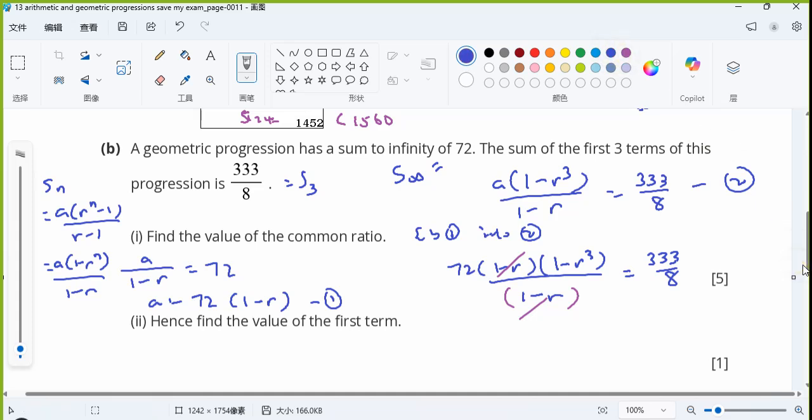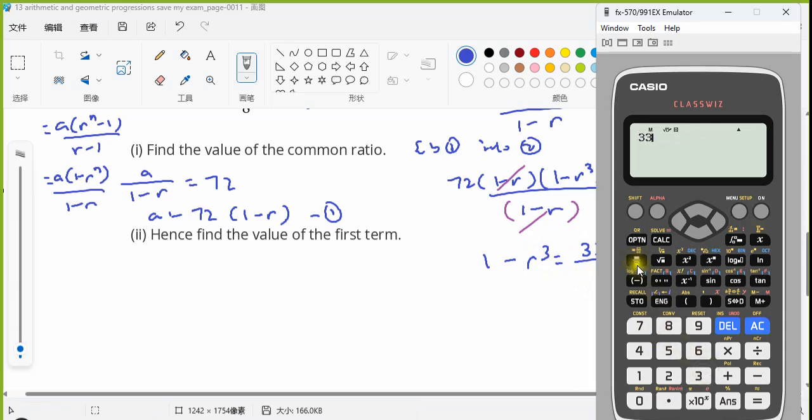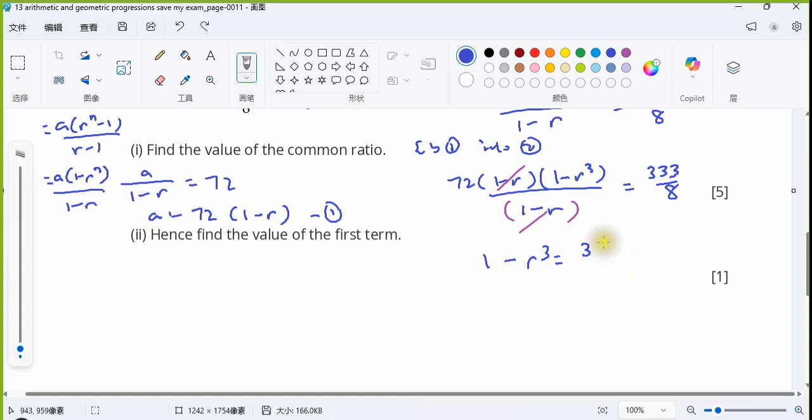Okay. And then we have 1 minus r cubed will be 333 over 72, times 8. Then we have 37 over 64. So 37 over 64.